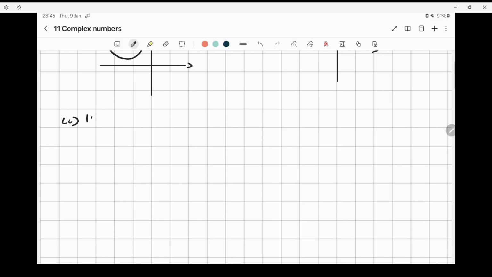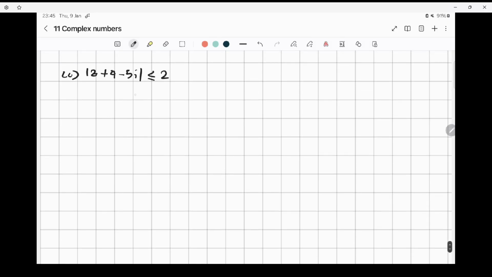So if you have modulus z plus 4 minus 5i smaller or equal to 2, what you would have instead is something like this. You draw a solid line and then you shade it. So that's for the circle.